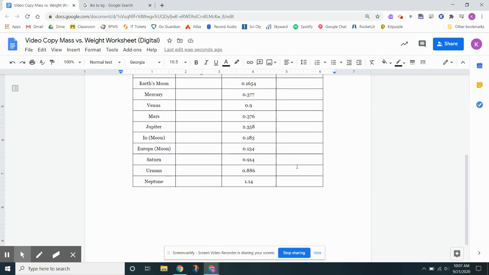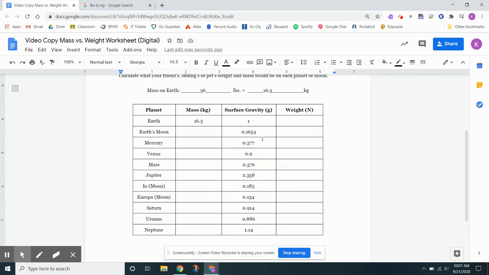In this middle column, they've told us what the surface gravity is for all of these different planets and moons. So you take the first number, multiply it by the second number, and you get your answer for weight. Mass we're measuring in kilograms, surface gravity in grams, and this is going to give us newtons as our final unit.